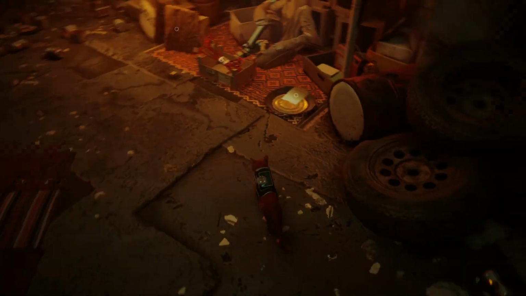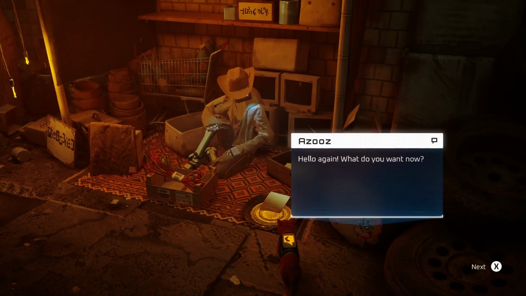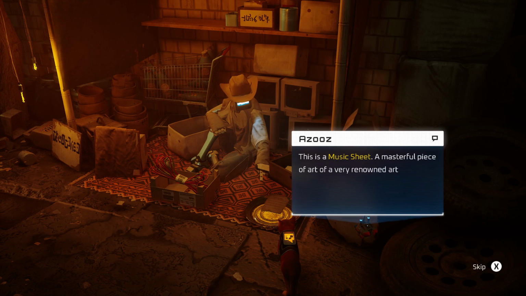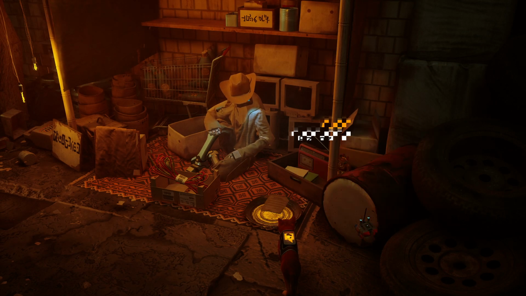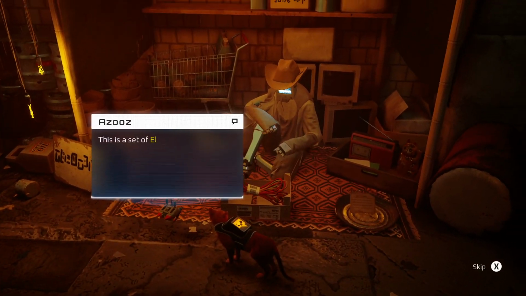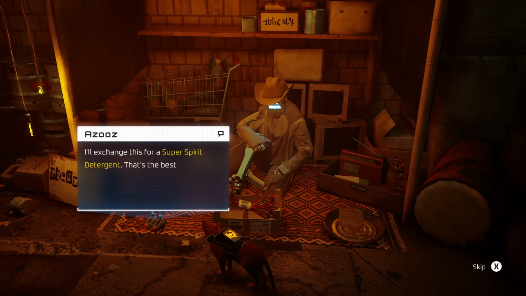Oh, there's 2 more things for sale here. Music sheet for 1 energy drink can, and cables for super spirit detergent.